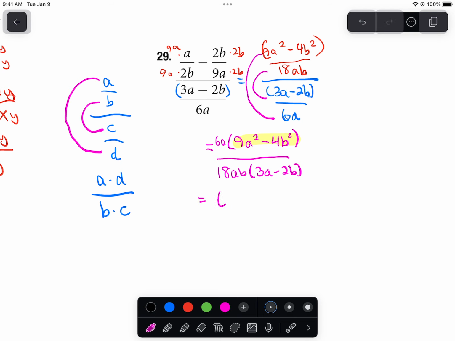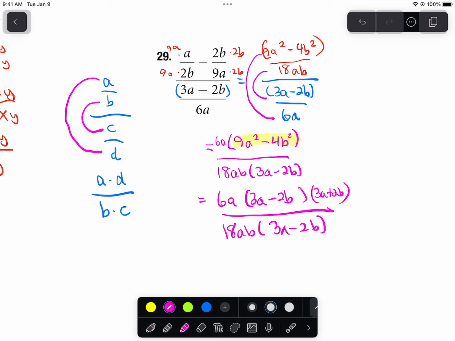So I get 6a, this is a difference of squares. I get 3a minus 2b, 3a plus 2b. And just like the very first problem we did in this section, we can now cancel out stuff on the top and stuff on the bottom. This is a perfect match with that. Cancel it out.